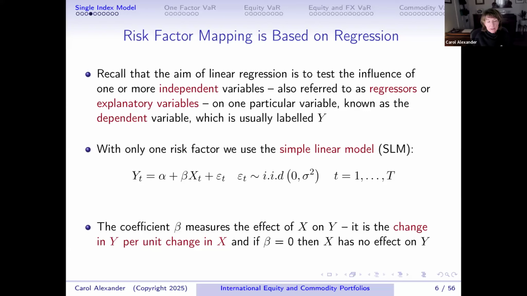So we express y as a linear function of x, and then we add this error term, which is IID, and because it's an error, it must have zero expectation, and it has some variance, sigma squared, and we use some time series data from t equals 1 to some other long time, t years of data maybe, or a few months of data.